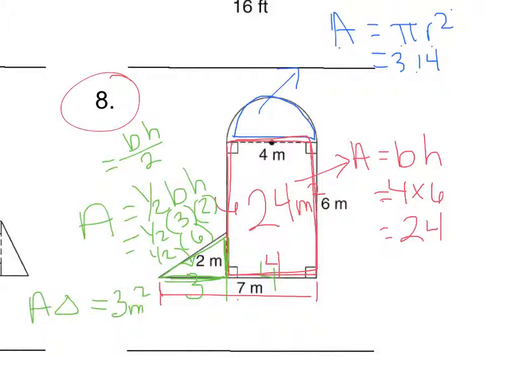Now I need to know my radius. Looking at my shape, I see the diameter is 4, which means that the radius is 2. Going back to my equation, 2 squared. I need to do my squaring first because of PEMDAS, and 2 squared is 4. Now I'm going to take that times 3.14.